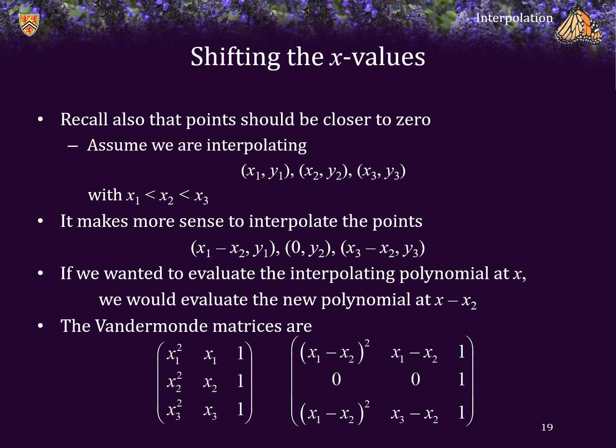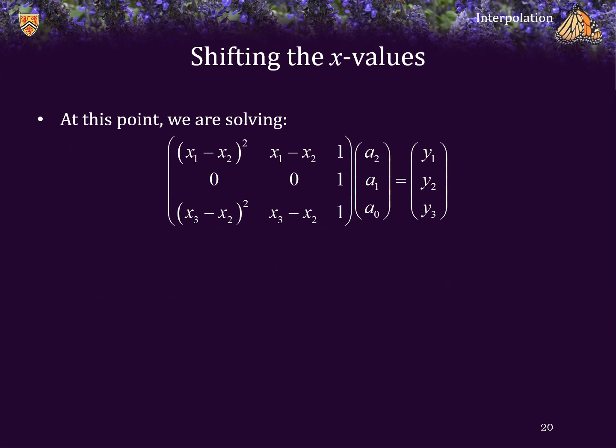The Vandermonde matrix of the new 3 points, where each of the x values are shifted to the left by x2, is the matrix we see here. Consequently, at this point, we are solving this system of linear equations to find the interpolating polynomial that goes between the y values y1, y2, y3, with the x values x1 minus x2, 0, and x3 minus x2.